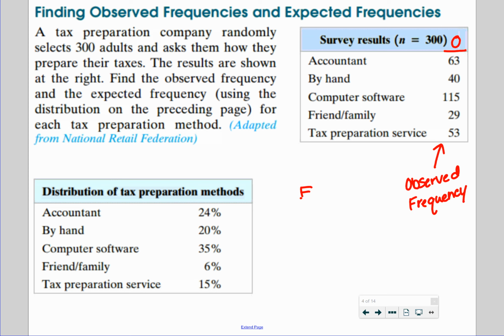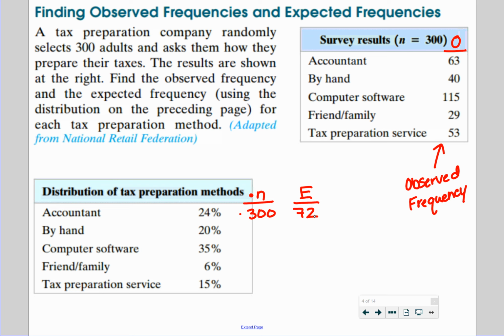To get all of our E's for each respective category, we take the percent we're expected to get for accountants, by hand, computer software, however people do their taxes, and multiply it by N, the number of people in this survey, which in this problem was 300. So 0.24 times 300 is 72. That's saying if we expect about 24% of people to say their taxes are done by an accountant, then if 300 people are surveyed, we should expect 72 of them to answer that way.